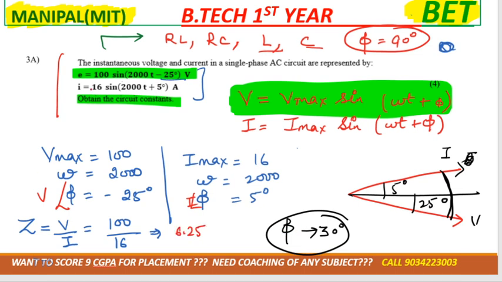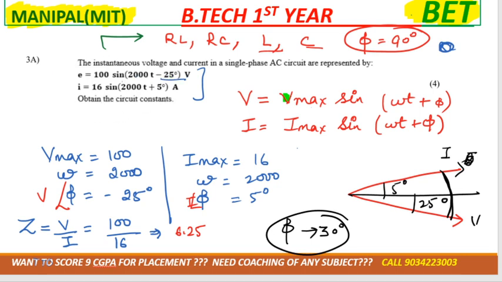If the angle is positive, then it would be an RL circuit. So if I completely write it down, the Z value we got is 6.25 and the angle is 30 degree, right? It's in polar form. Can we convert it into rectangular form? As you know, I told you about the conversion of polar to rectangular.